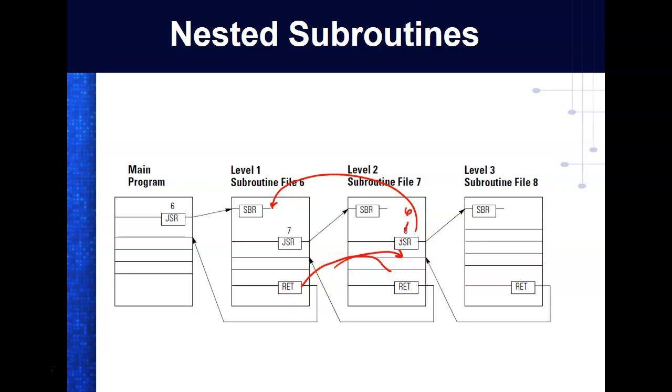So subroutines, we do this all the time in computers. How many applications do you think use the keyboard on my computer right here? How many programs do you think run the keyboard? One. Well, how do all these different programs have the ability to grab stuff from the keyboard?